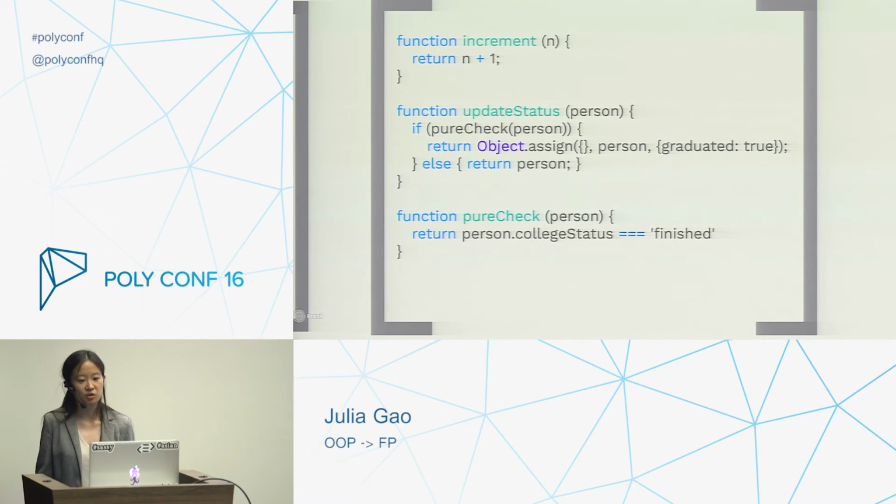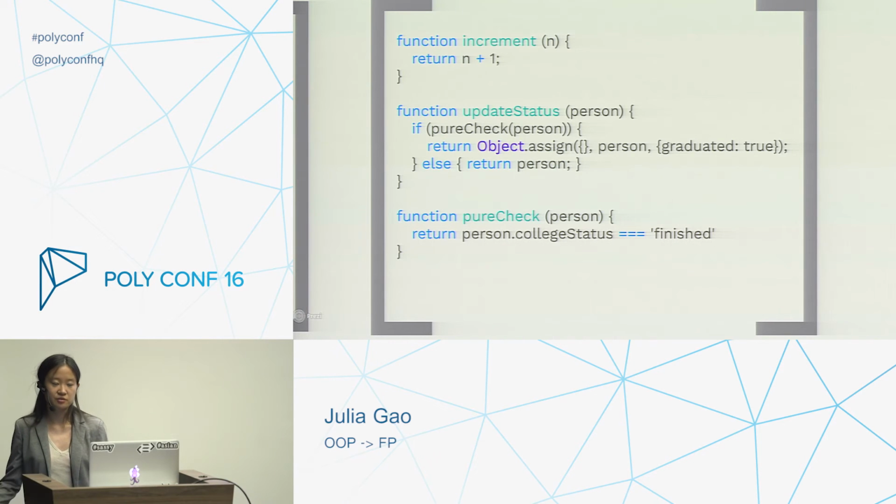update status. So we give it a person object, and then we're calling this other function, pure check, and passing the same parameter, and then we're simply returning a Boolean of whether this person graduated college or not.